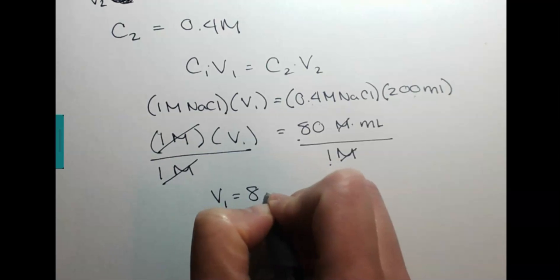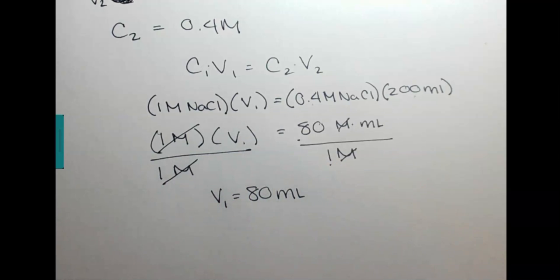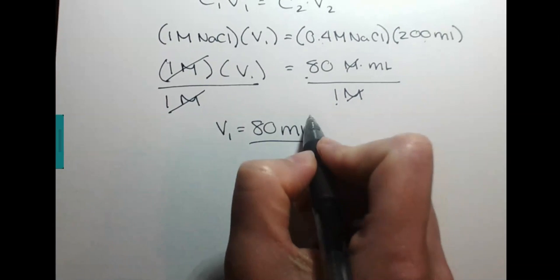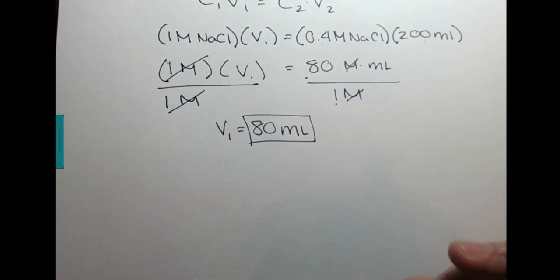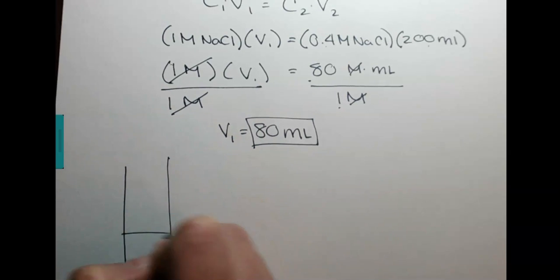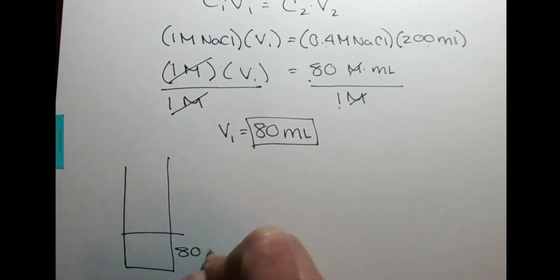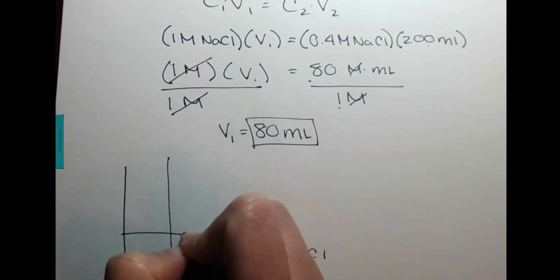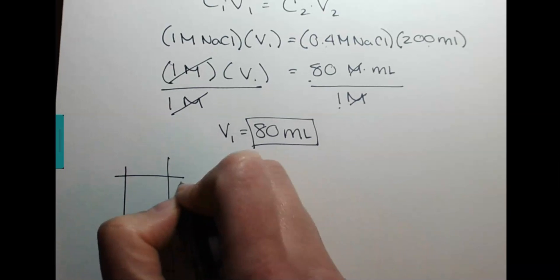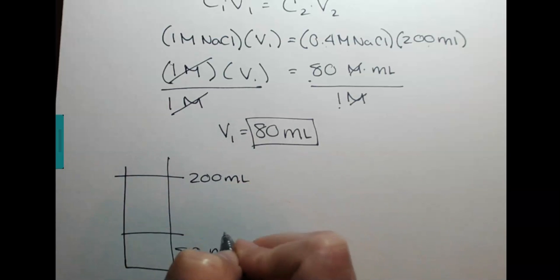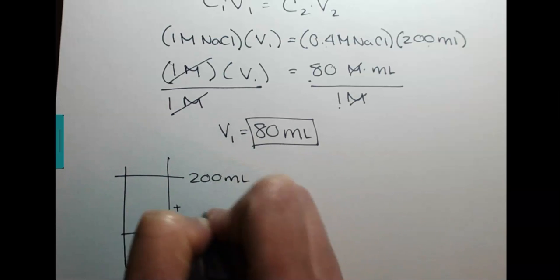So what does that actually mean? That means that I'm going to take 80 milliliters of that stock solution. So there's going to be 80 milliliters of my 1 molar solution. And then I needed a total of 200 milliliters. So I'm going to add 120 milliliters of distilled water.